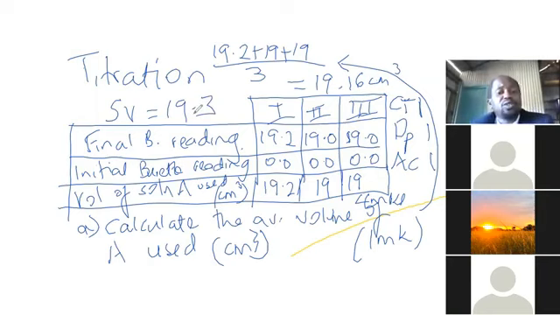School value equals 19.3. Now, for you to score on accuracy, we look at any of the 3 titrations that are recorded there.